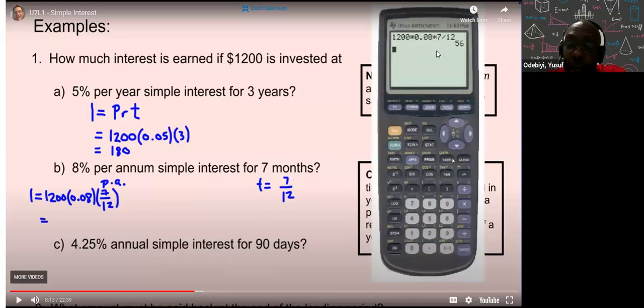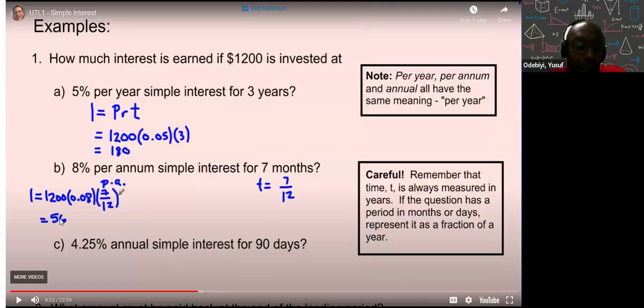So basically after 7 months, he earned $56 on the 1200 he put into his investment.